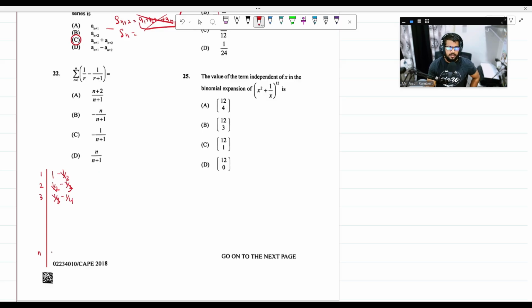When r is equal to n, we get 1 over n take away 1 over n plus 1. So the first term survives, the last term survives, everything else will cancel out. And I'm going to get 1 take away 1 over n plus 1, which is 1 over everything. I'll get n plus 1 take away 1 all over n plus 1. 1 take away 1 is 0, so I'll get n over n plus 1. The answer is D.